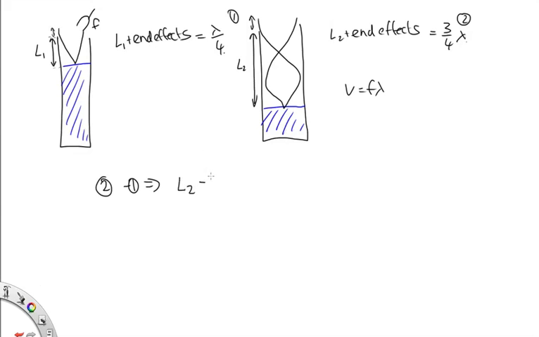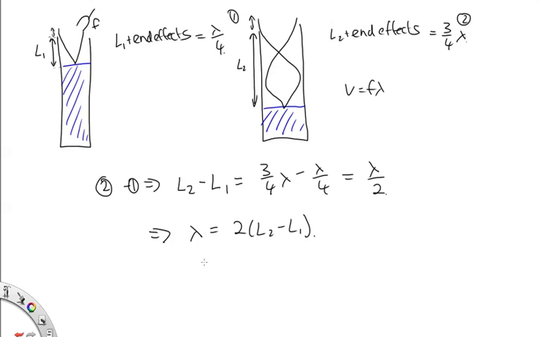So the end effects cancel out, and we have L2 minus L1 is equal to 3/4 lambda minus lambda on 4, so this is equal to lambda over 2. So this tells us that lambda is equal to 2(L2 minus L1), and so to get the velocity, v is equal to 2f(L2 minus L1). And we've accounted for end effects there, and so this would be a way to calculate the velocity of sound.